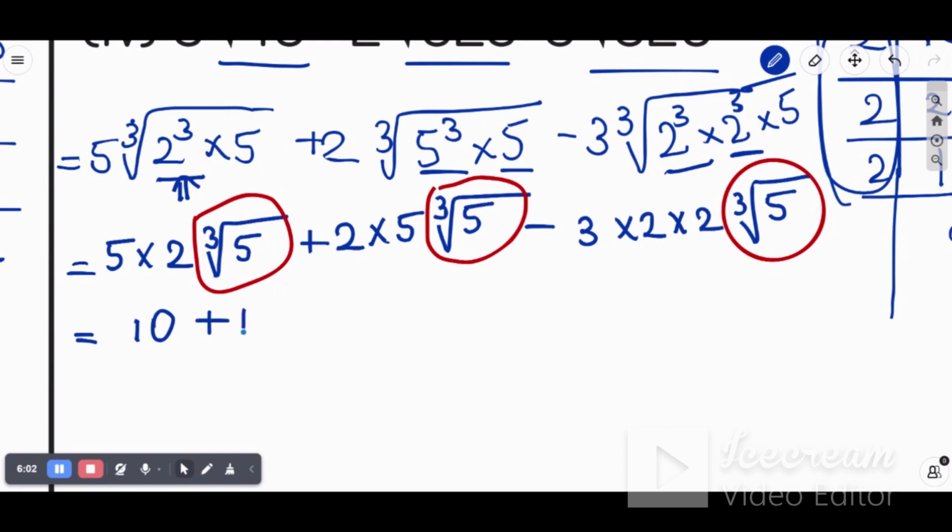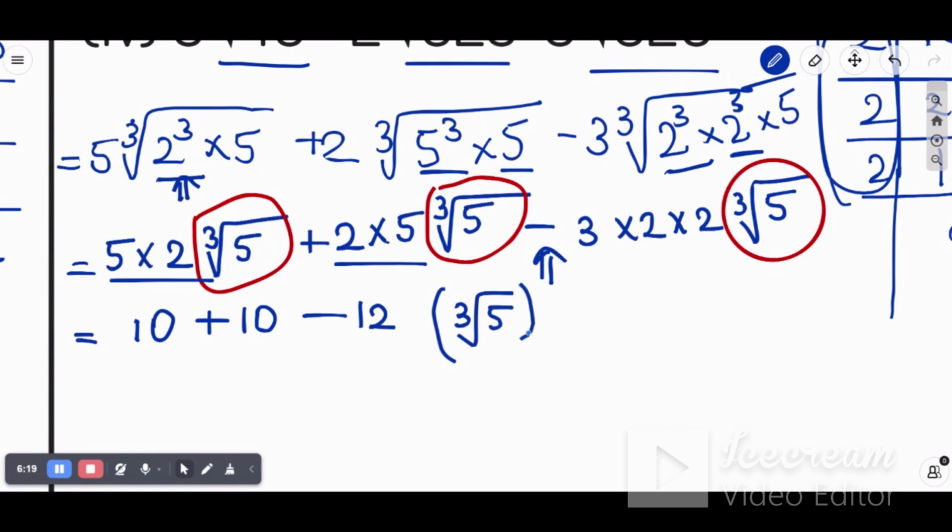So I'm writing fast: 10, this 10, this 10, and then minus. Do remember you have got a minus symbol here. 3 twos are 6, 6 twos are 12. Minus 12, and you have to put your 3 cube root of 5. So you can put your bracket here also, but make sure you follow the symbols and everything carefully.